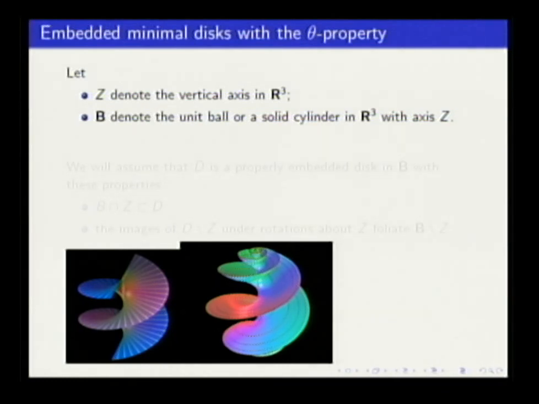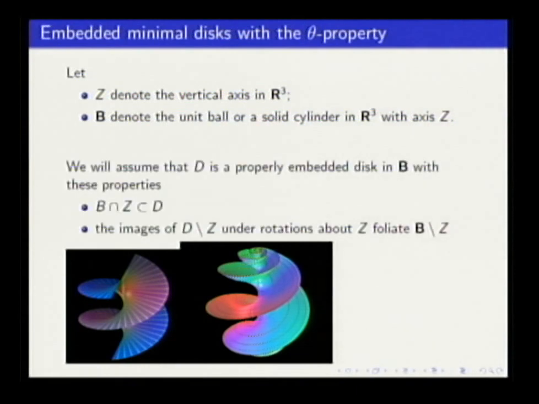So let's take the vertical axis z and take the unit ball or a solid cylinder with axis z. And we want to assume that D is a properly embedded minimal disk with these properties. First of all, it contains the part of the axis that's in D. And second of all, if you rotate that surface about z, you get a foliation of B minus the axis.